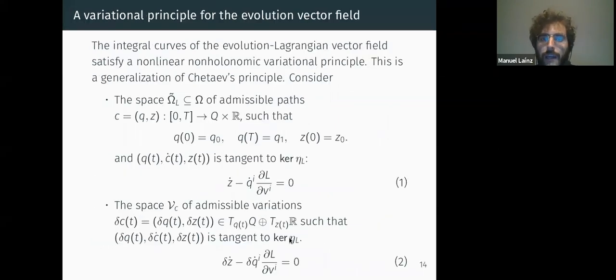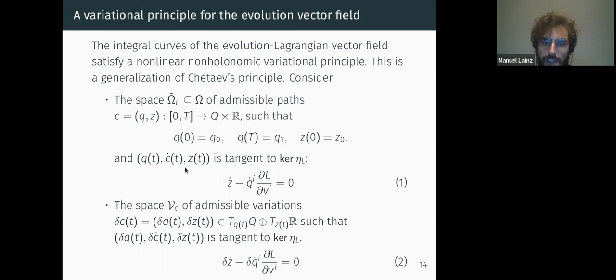Now I will introduce this variational principle for the evolution vector field. This is a nonholonomic principle, but a nonlinear nonholonomic principle. I will later comment in which sense. We consider again the space omega of curves with the end boundary conditions on the curve on Q, and the initial condition with the curve on Q dot.